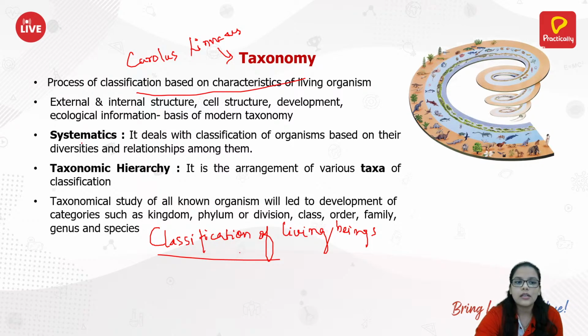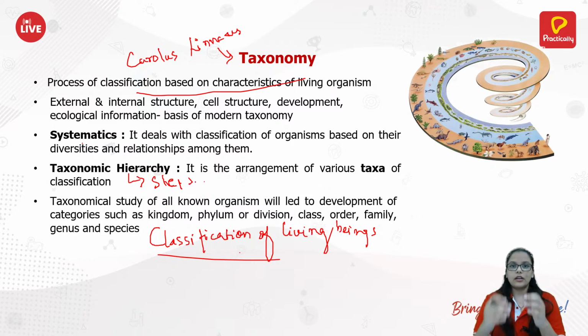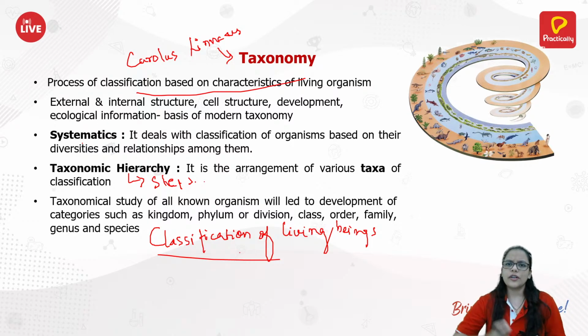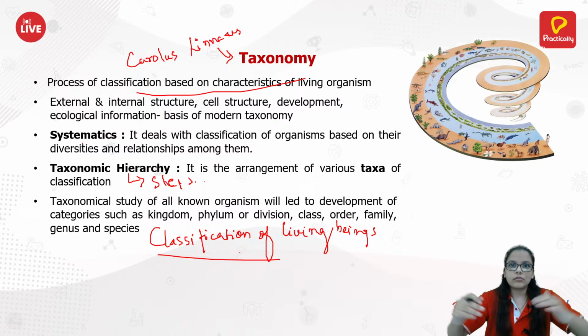The classification part is dealt in the systematics, and the taxonomic hierarchy, putting which kingdom, which genus, which family, which class, everything is dealt with the taxonomic hierarchy. This hierarchy means the steps, different steps you take. First comes kingdom, phylum, class, order, family, then genus, then species, like that. These things make the hierarchy.